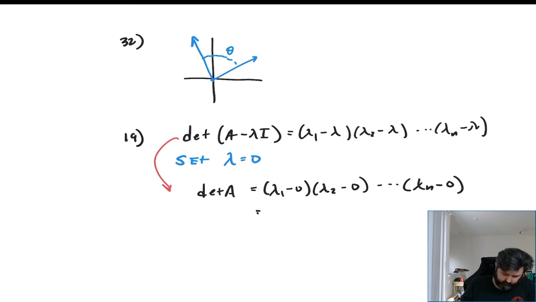You don't have to write minus 0 every time, so you can just write lambda 1 times lambda 2 and so on, the product of all the eigenvalues. That's it. To explain why determinant A is the product of the n eigenvalues, that's exactly the reason. I told you, it was probably easier than you thought it was.